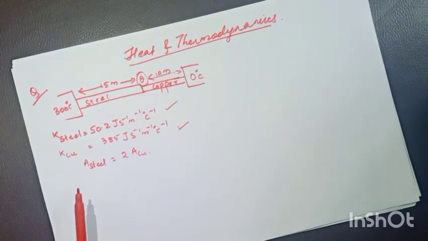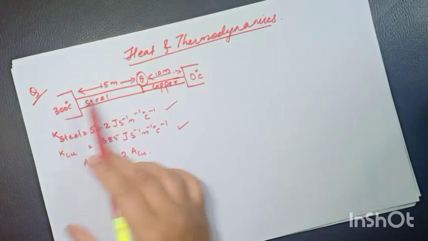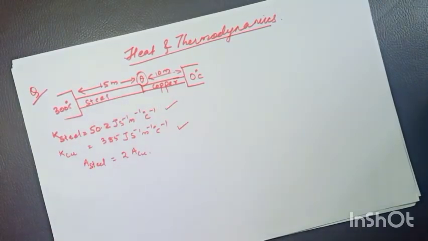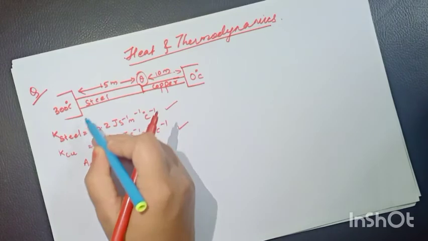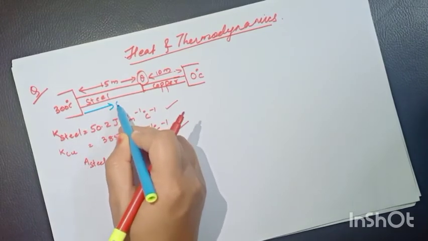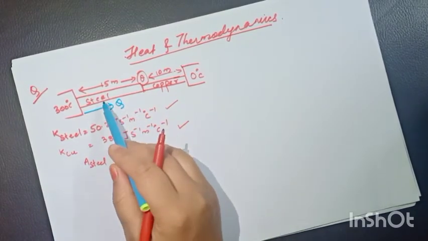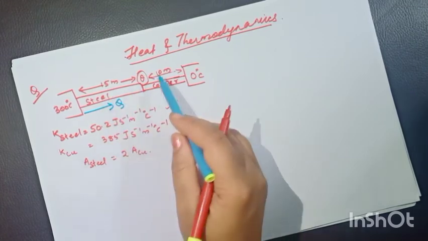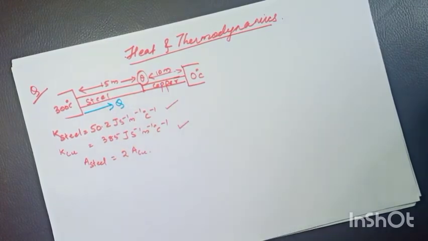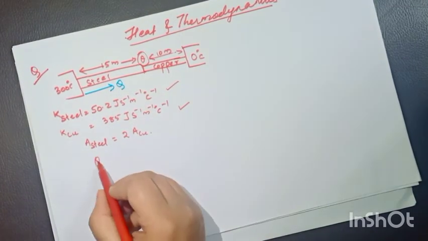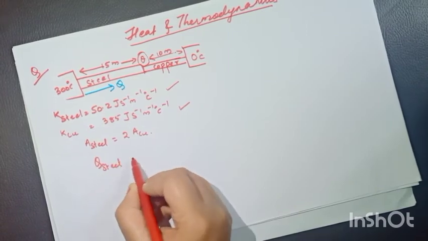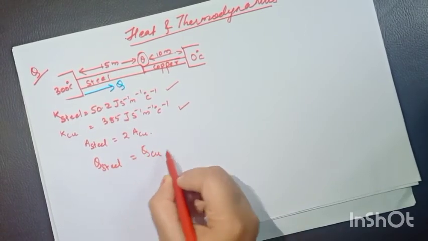As we know, whenever there is a temperature difference, heat will flow from the hot end to the colder end. The same heat will flow through steel and through copper. So the amount of heat flowing through steel is the same as the amount of heat flowing through copper.